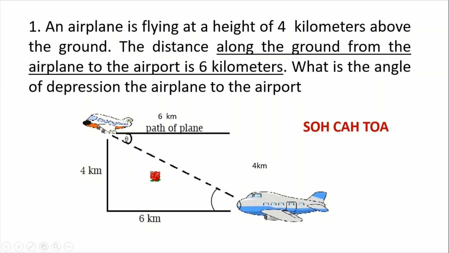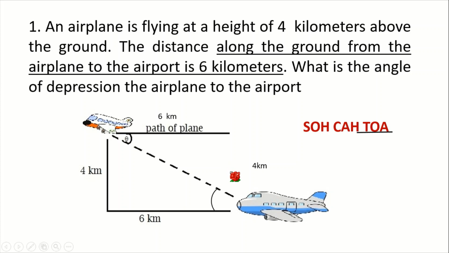So, ano yung sukat or angle of depression na na-form ng airplane? So, here, meron na tayong adjacent. If this is our angle theta, meron na tayong adjacent at meron na rin tayong opposite.